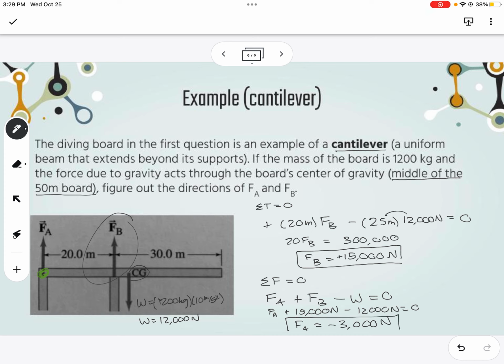It means the magnitude of FA is definitely less than the magnitude of FB. The negative just means we guessed wrong. In our diagram, we guessed that FA was going upwards. FA is actually pointing downwards. That's all that negative means. So your support at point A would be pointing downwards, and it would be less than your support at point B, which would be pointing upwards.